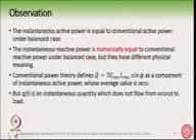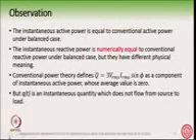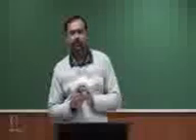To summarize, the instantaneous active power is equal to the conventional active power under the balanced case. The instantaneous reactive power is numerically equal to the conventional reactive power under the balanced case, but they have different physical meanings.